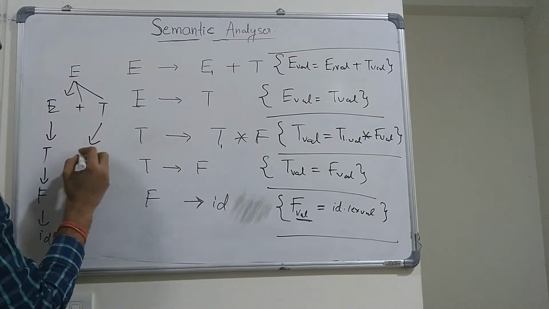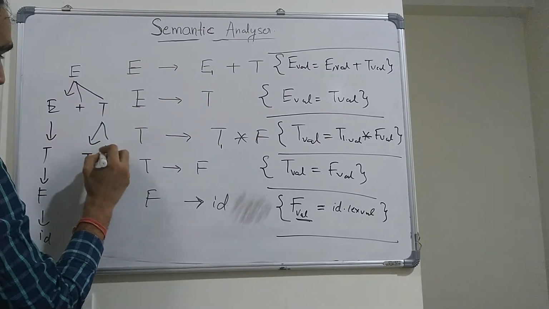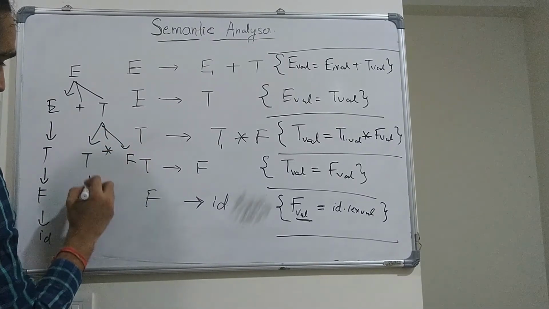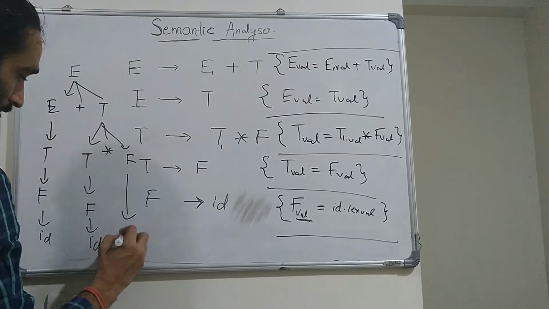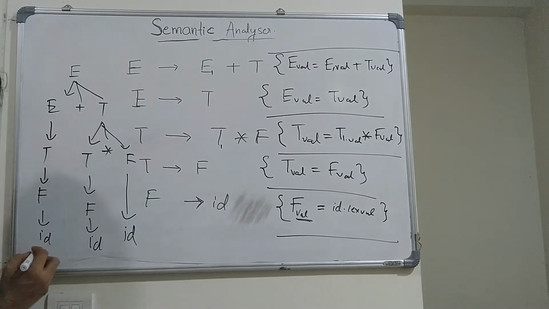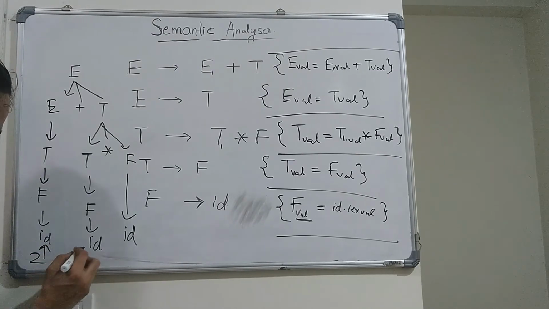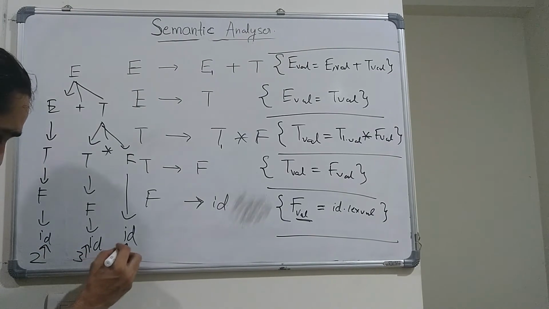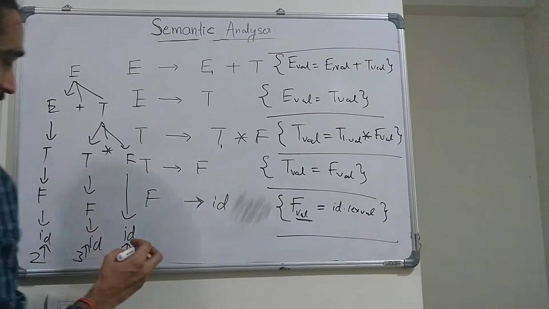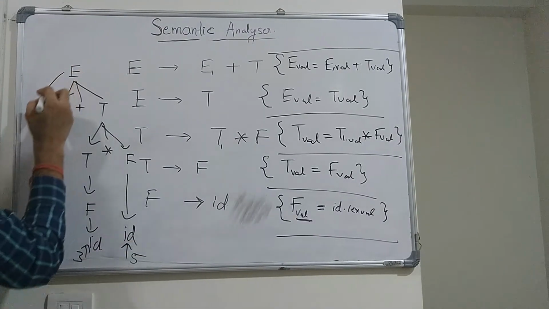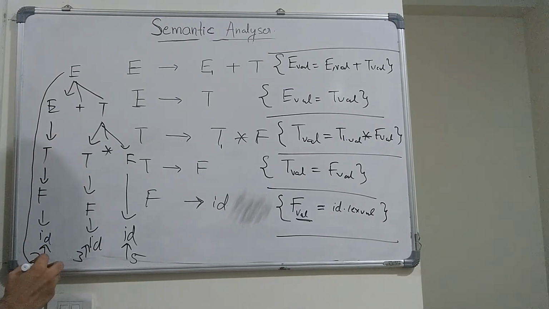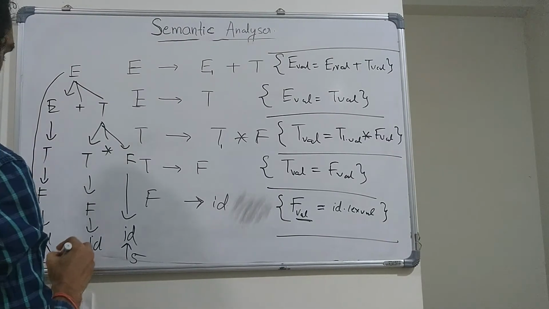Now this T is going to be T into F, and this T is going to be as F, and this T is going to be as ID, and this F is going to be as ID. Now this ID is going to give me value 2, this ID is going to give me value 3, and this ID is going to give me value 5. Now as we know the bottom up parser goes down depth first.